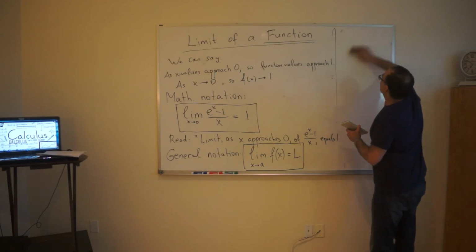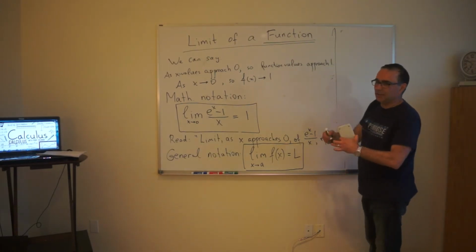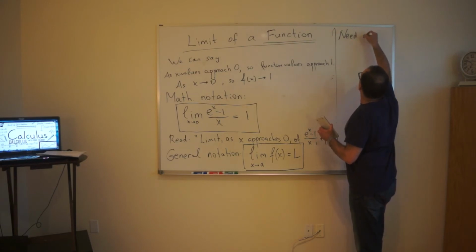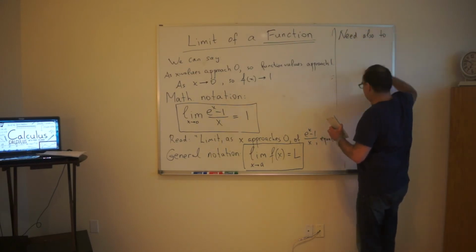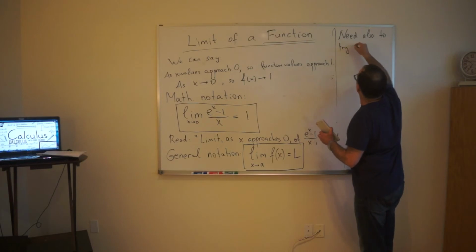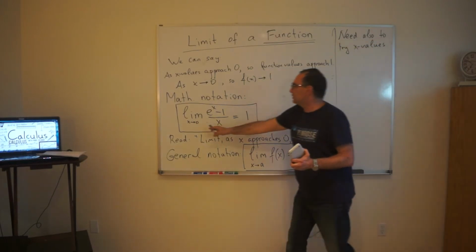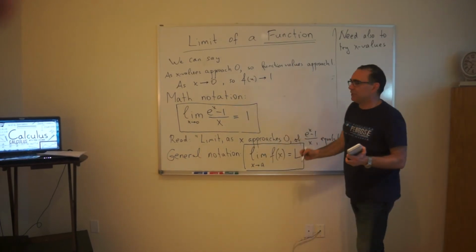So I need to also try x values approaching this value 0 from the other side.